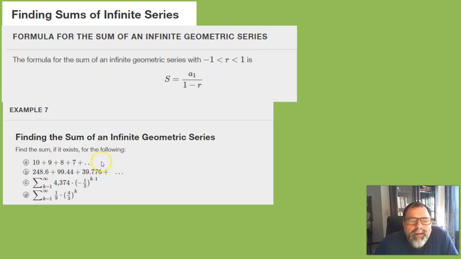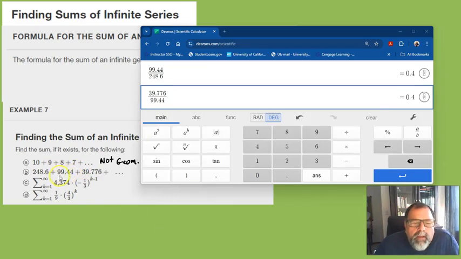This one is not geometric, because there's not a common ratio, so we don't worry about it. This one, let me get a calculator. We're going to divide 99.44 by 248.6, which I did up here. You see I get 0.4.